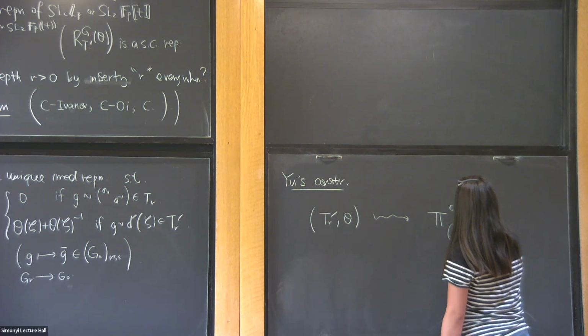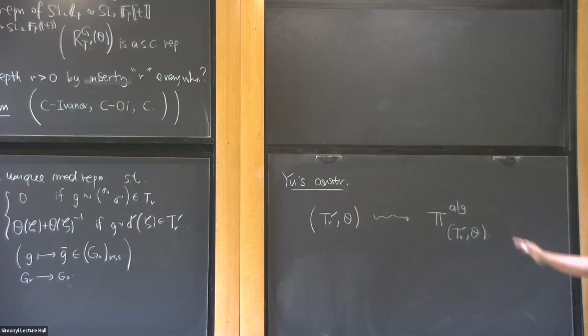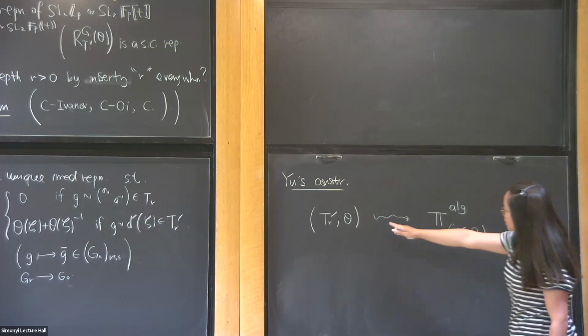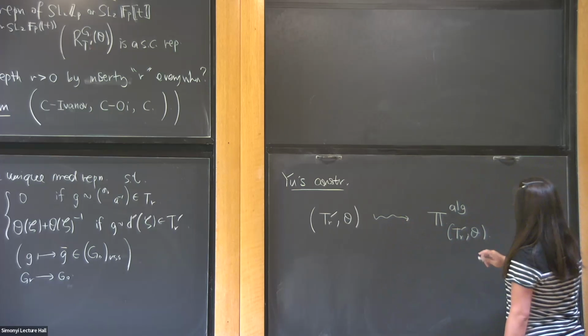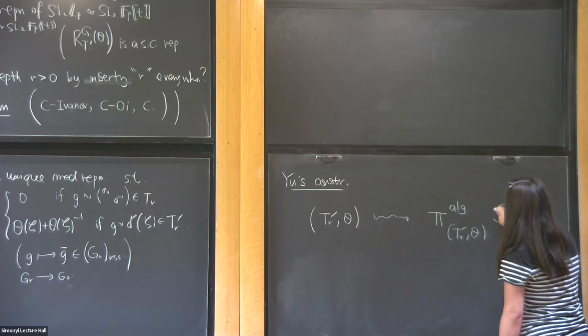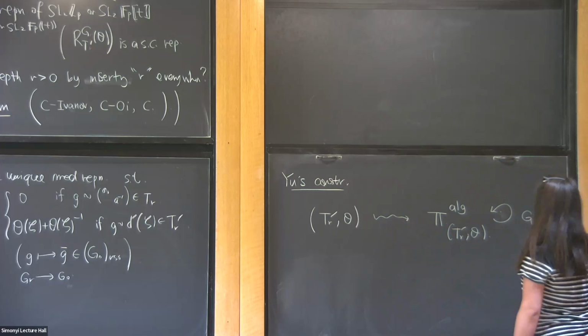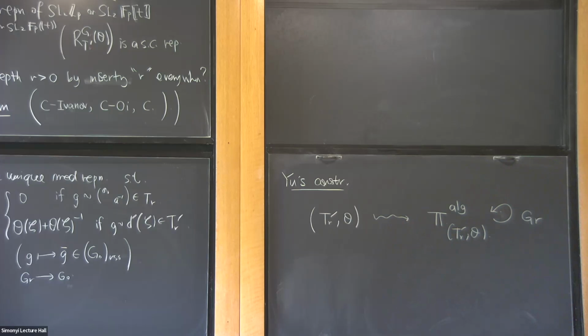I want to call this an algebraic construction here, and this is a representation of GR. So Yu's construction is giving us some algebraically constructed representation of GR.